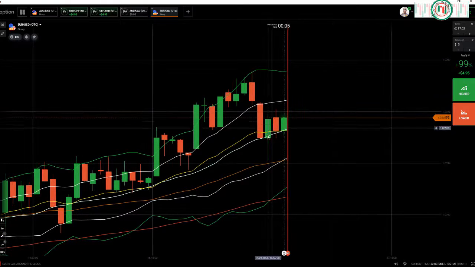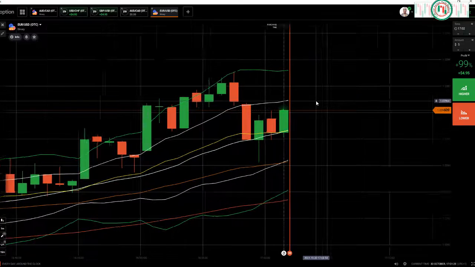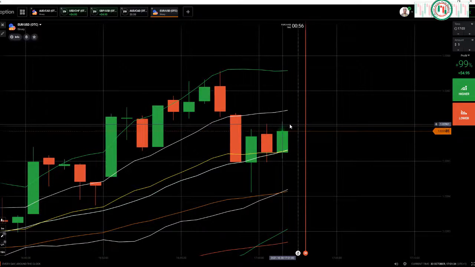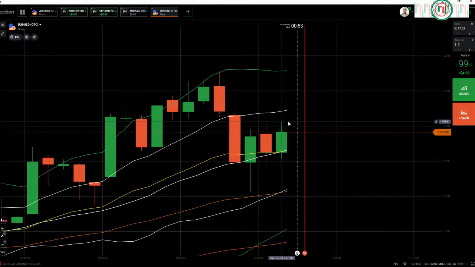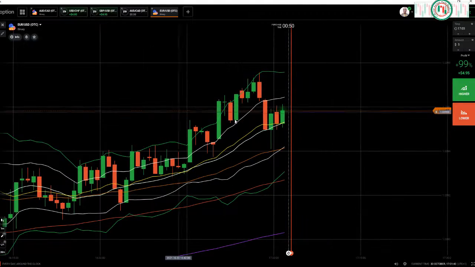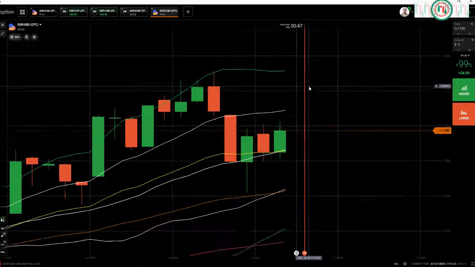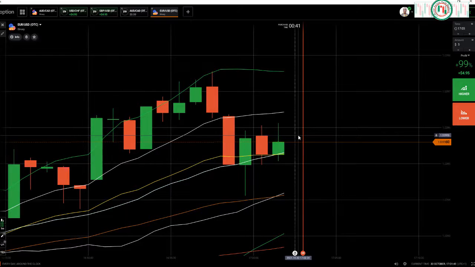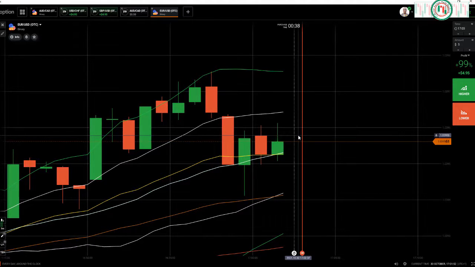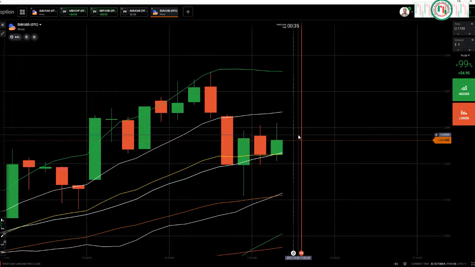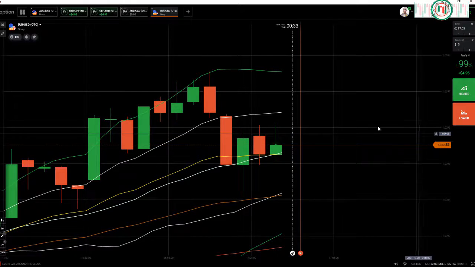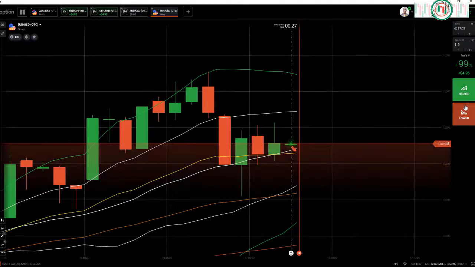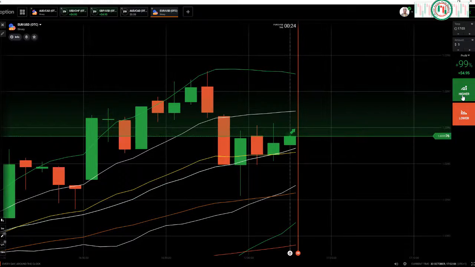Here is consolidation, but it's engulfing. We are far away. The market is not ready to reverse from this level. The market must consolidate at this level. Yes, the market is going up.